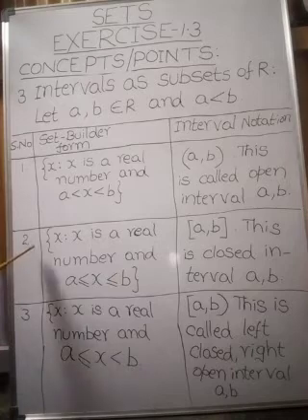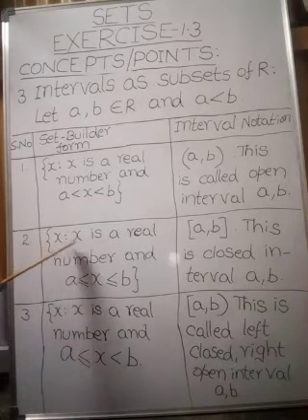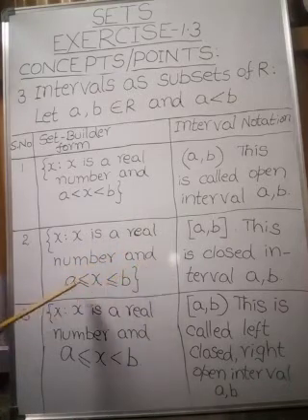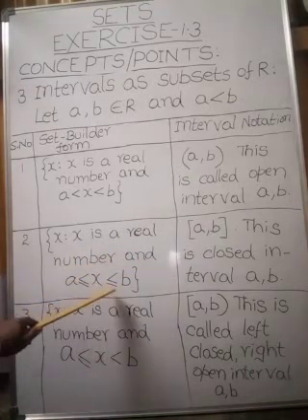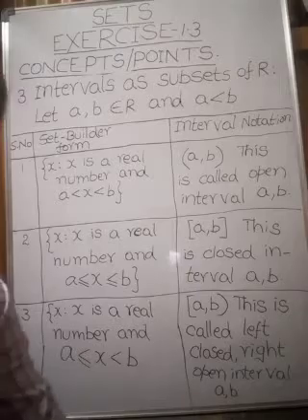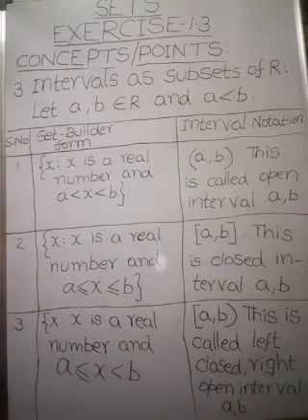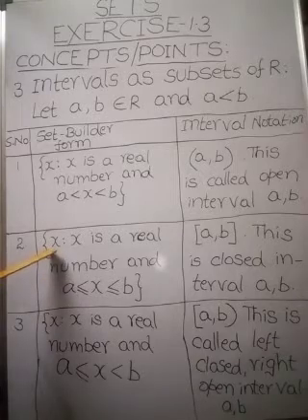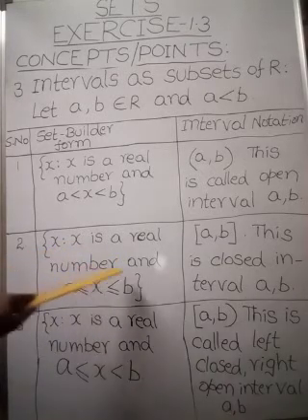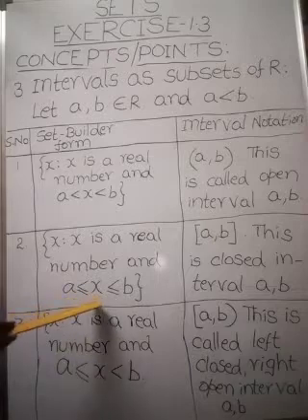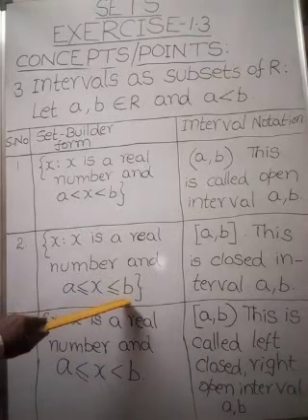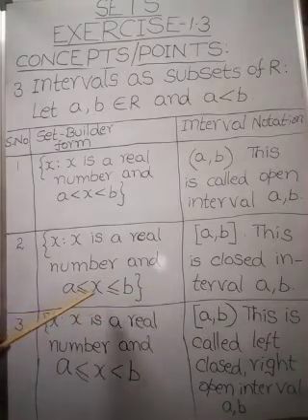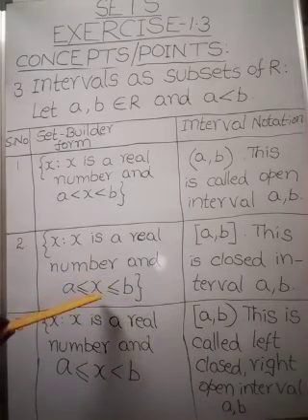Right. Now come to the second interval. Set of all x such that x is a real number and a is less than or equal to x less than or equal to b. If you observe here, the endpoints a and b are also elements in this interval.